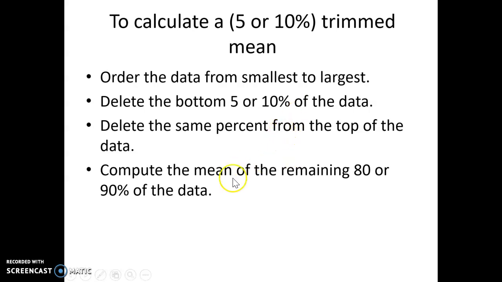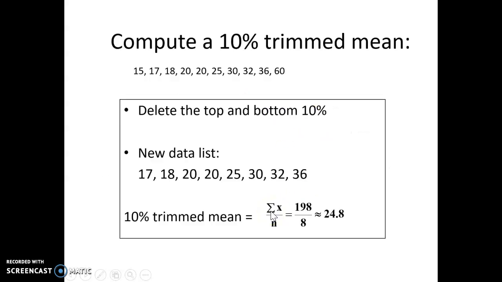Then compute the mean of the remaining 80 or 90% of the data. So it's a percentage, not 80 or 90 data points. We don't know if there's 100 data points. There might only be 20. And then if we're doing a 10% trim, what's 10% of 20? Take 0.1 times 20, that's 2. So if it's 10% of 20 data points, you'd cut off 2 on both sides.